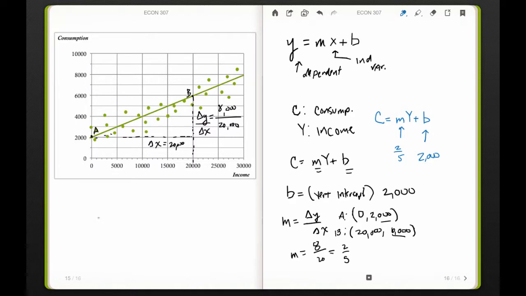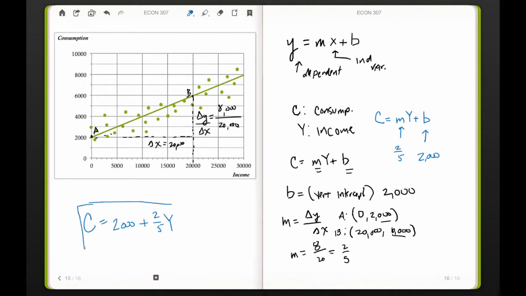So my consumption function, based on this line here, is going to be 2,000 plus 2/5 times Y. So when I plug anything into this Y, if I plug 0 in, I come up with 2,000. If I plug 5,000 in for Y, I should come up with 3,000, so on and so forth. So this equation represents this line, or this line represents this equation, however you want to think about it.